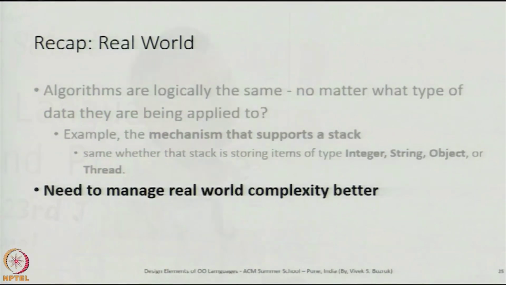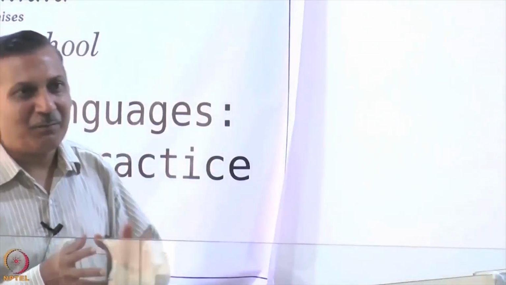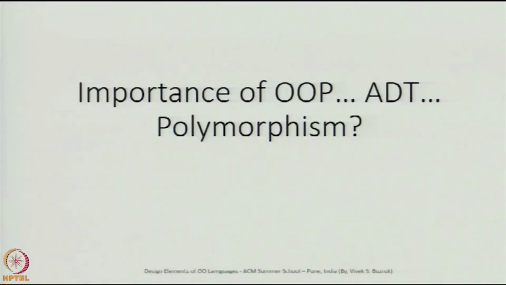We have been talking about parametric polymorphism restricted to functions, and ad hoc polymorphism, where we talked about overloading, operator overloading, and coercion. Now we need to get into more about parametric polymorphism, and also what we call inclusion polymorphism. Okay. So let's get into object oriented programming, ADTs, abstract data types and polymorphism.